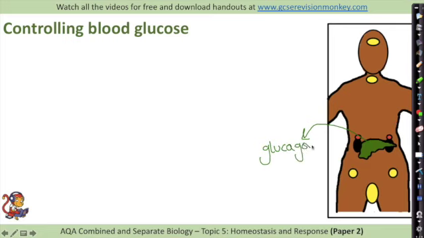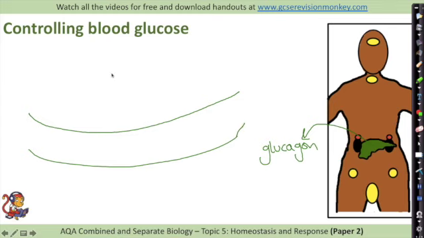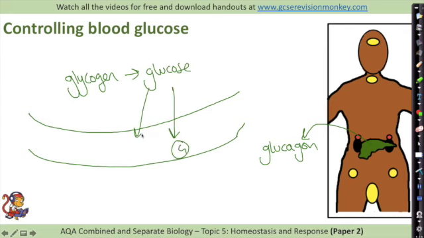So glucagon is a hormone produced in the pancreas, and what that will do is it will cause the liver to turn that glycogen into glucose again, which will then go back into our blood.